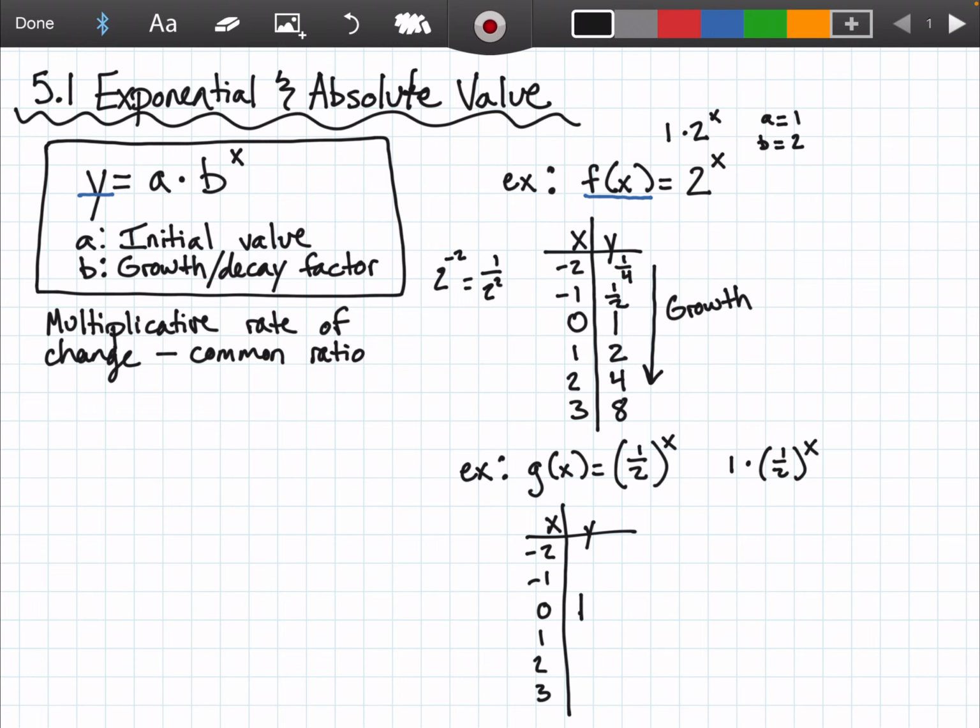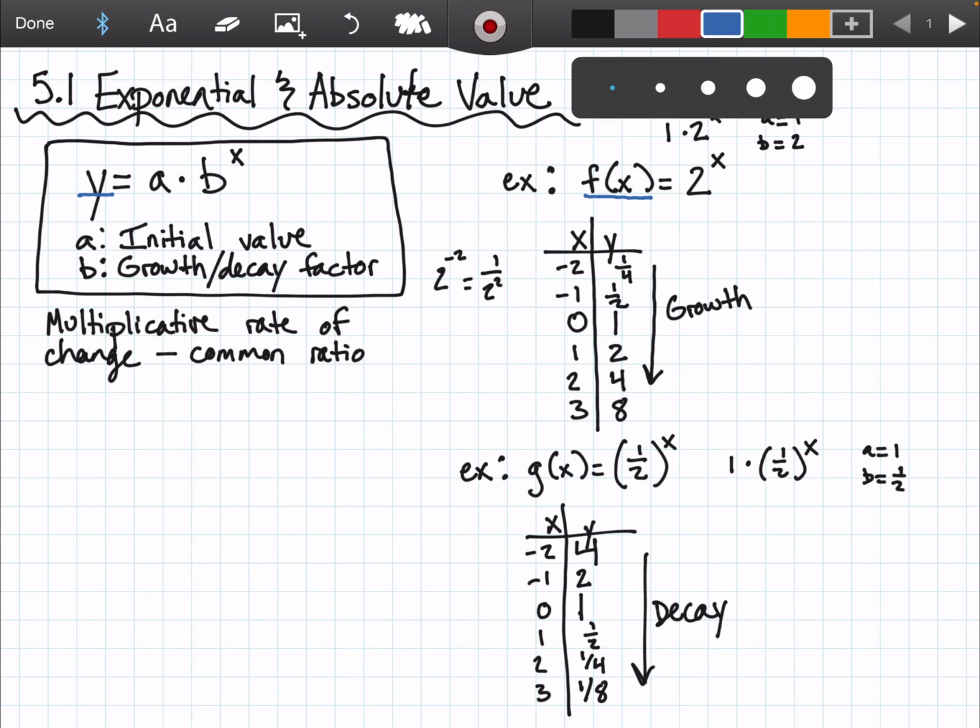So my initial value is 1. My growth/decay factor is 1/2. And so 1/2 to the first power is 1/2. 1/2 squared gives me 1/4. And 1/2 cubed gives me 1/8. So you see how as I go down the table, I'm dividing by 2, which means as I go up, I can multiply by 2. And so this one is decay.